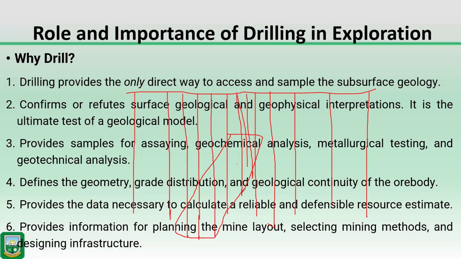With this, we can now have a lot of information about the ore body. With the information we obtain from the samples, we can know the grade distribution of the ore body and even the shape and the boundaries of the ore body. It's very, very important.